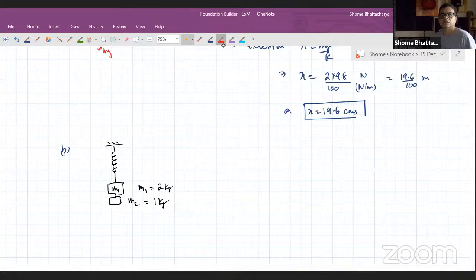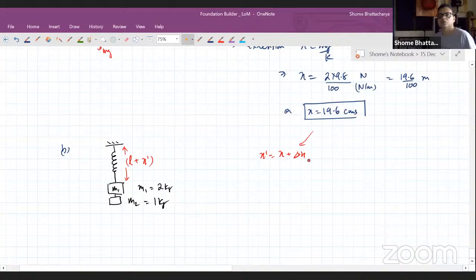As a result of this, now the spring is getting elongated even more. It has become, let's say, x prime, where x prime is the initial extension plus a further extension. x was this much. So it's got further extended by delta x. So we need to calculate delta x.